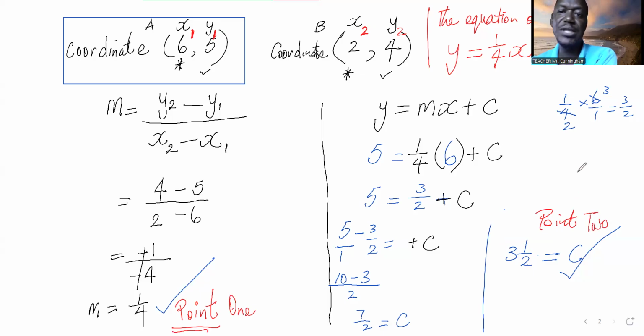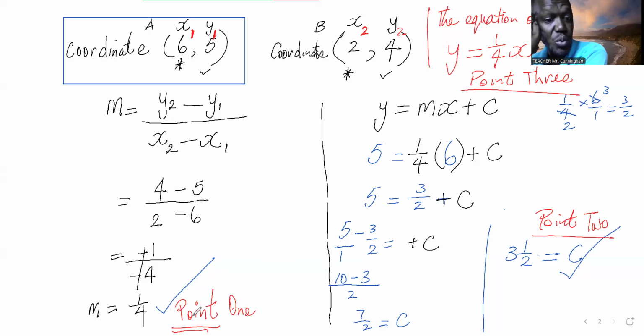And the third thing we did was to find the equation, point 3. So I gave you steps. Point one, find the gradient. Point two, find the y-intercept. And point three was to find the equation of the line.